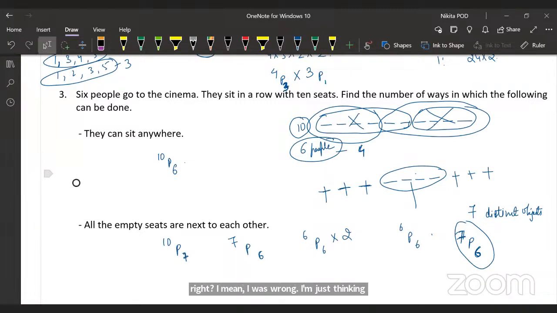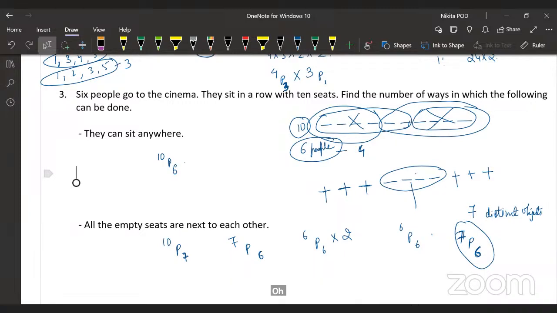So in the question, what has been asked is 10 seats and 6 people, and we have to make the 6 people sit in such a way that the 4 seats that are left are at one place. That means there is a seventh object, so there are 7 objects, and out of these 7 objects, I have to arrange the 6 people.